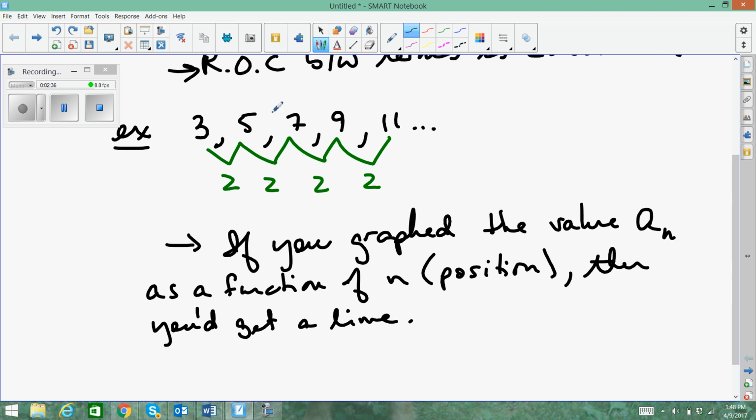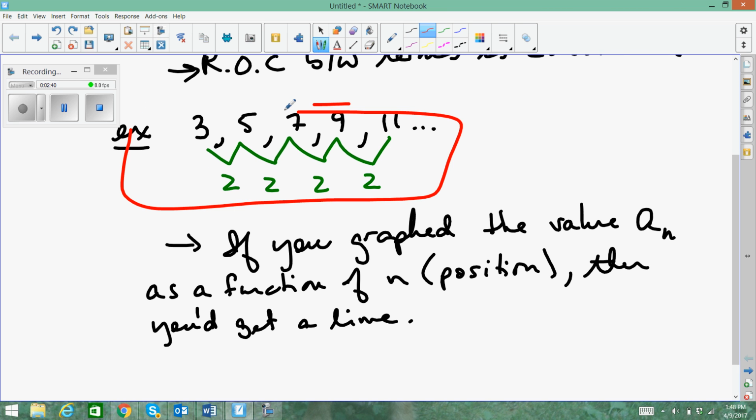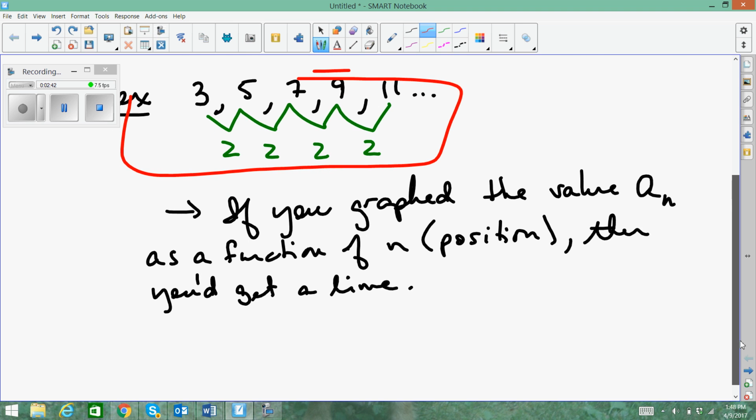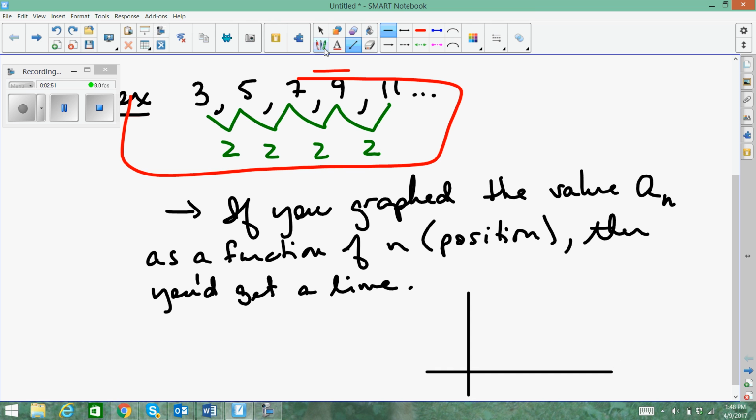So up here in this example, you notice that in the first position we have 3. So let's just take a look at this. In the first position you have 3, so 1, 3. In the second position you have 5.